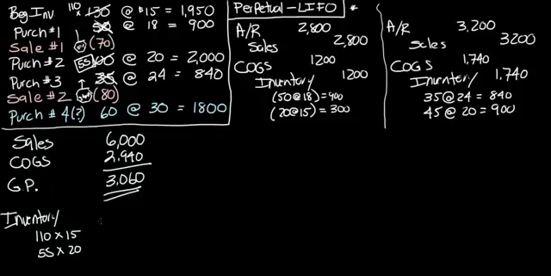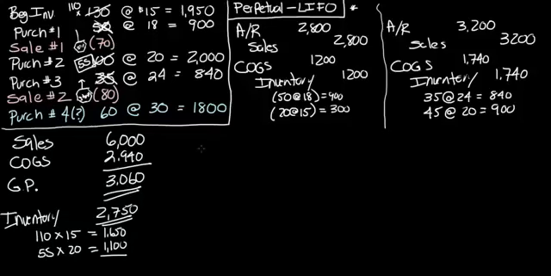So let me do the math here. That's 1,650, and that is 1,100. So my ending inventory at this point of time is 2,750.